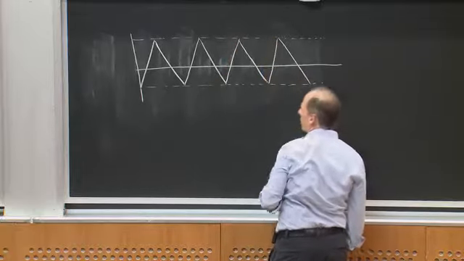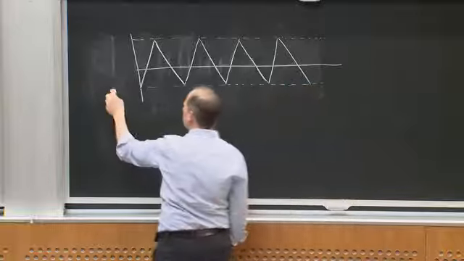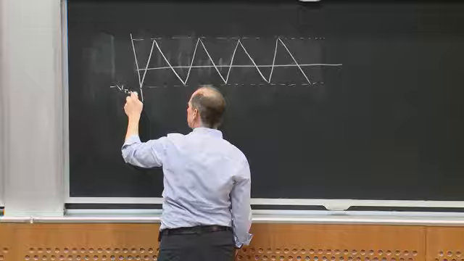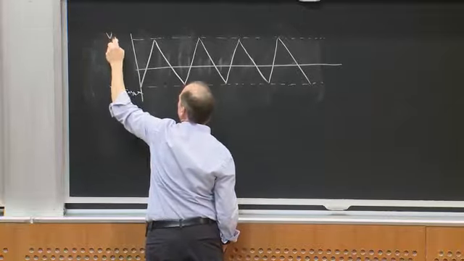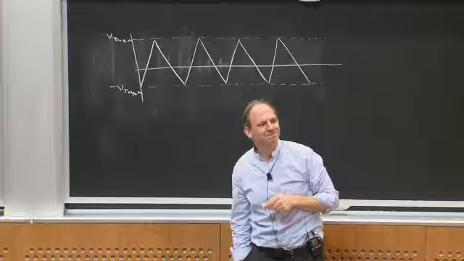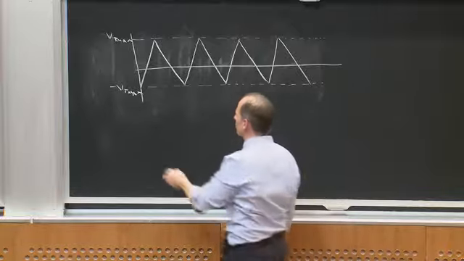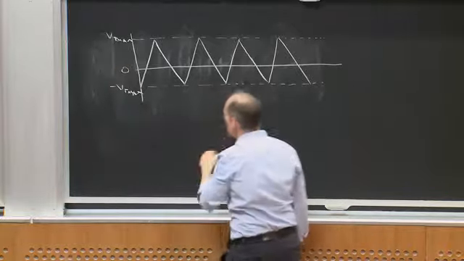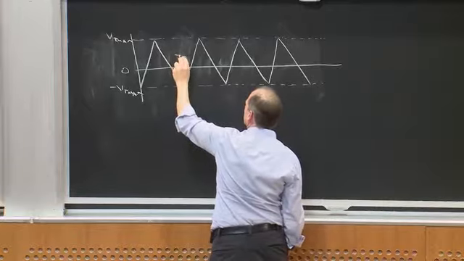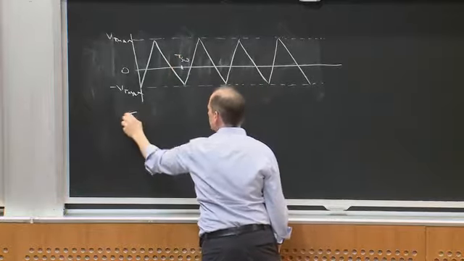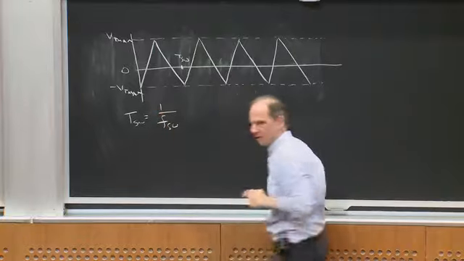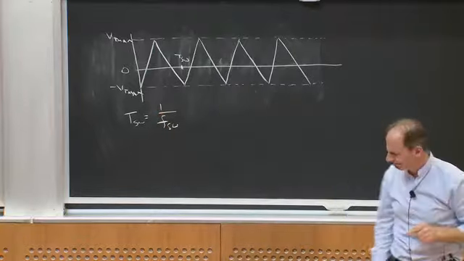But here I have a triangle wave. Maybe I'll call this minus VT max and VT max. We might think of those as plus or minus 1 volt, right? And this is 0, okay? And this we might think of as T-switch. T-switch is equal to 1 over the switching frequency that I'm going to switch at, okay?